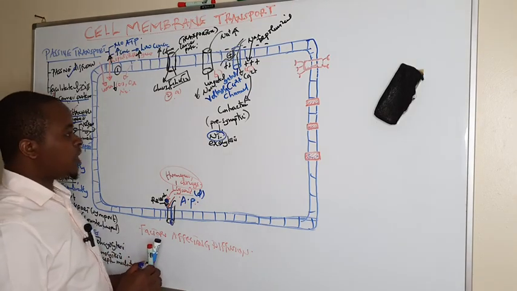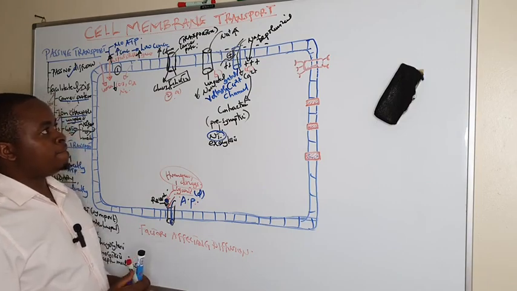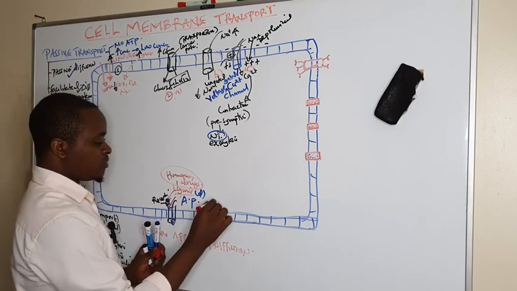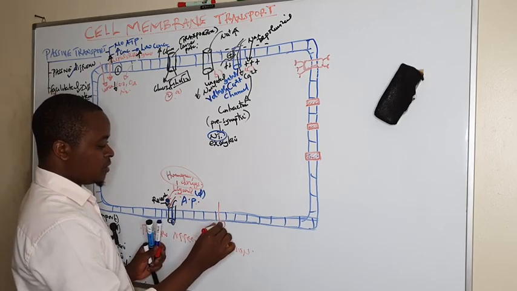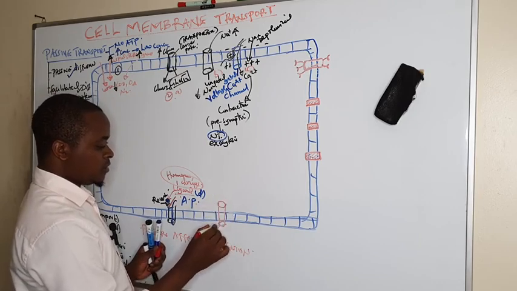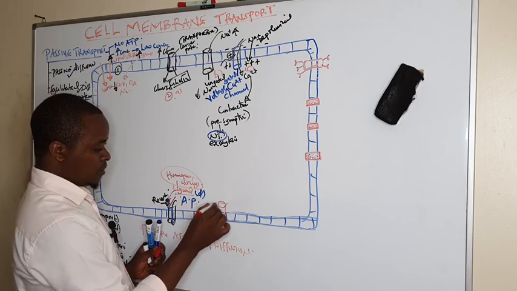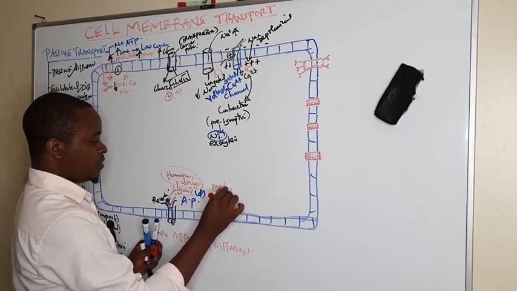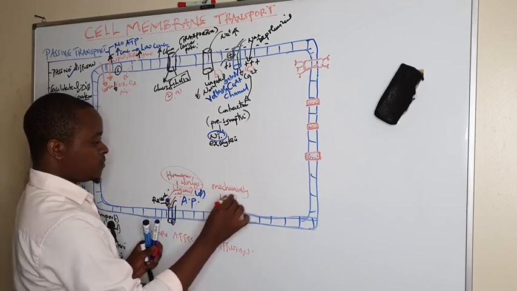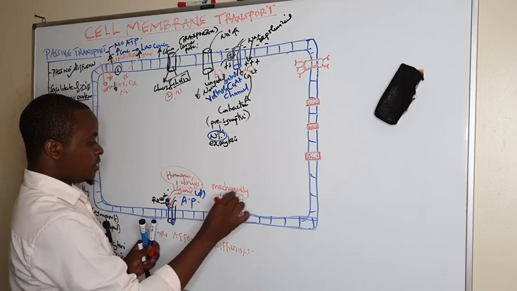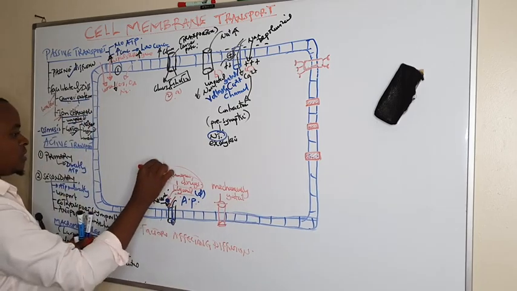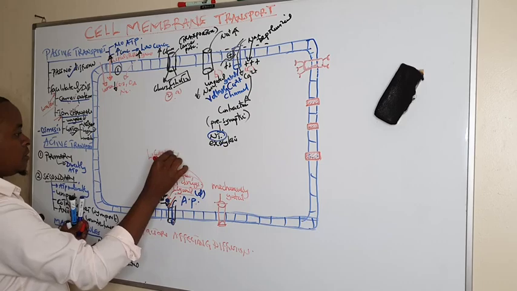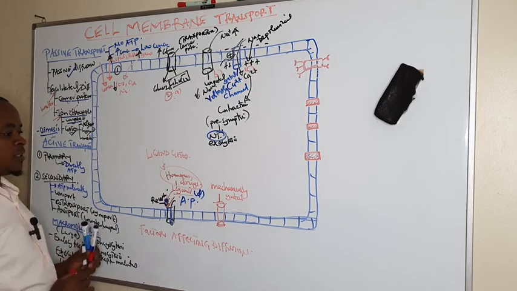So then the last one we can talk about is mechanically gated. We have others which are mechanically gated, and these mechanically gated channels, they are different from the ligand gated ones.